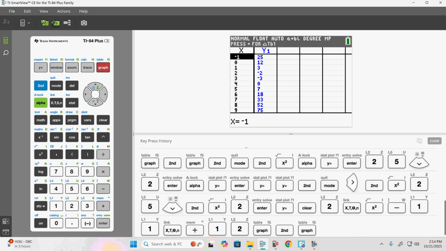So if the y value goes from below the x-axis to above it, or from above it to below it, the only way it can do that is if it crossed somewhere in the middle. That is literally what the intermediate value theorem says. If between two given x values, the y value goes from positive to negative or negative to positive, there must be some intersection between them. So we know somewhere between 1 and 2, there is a 0.